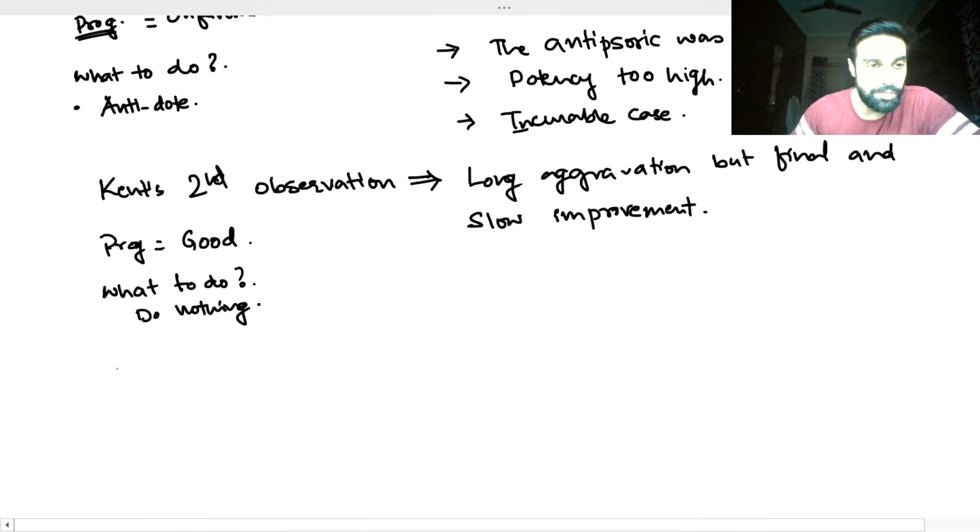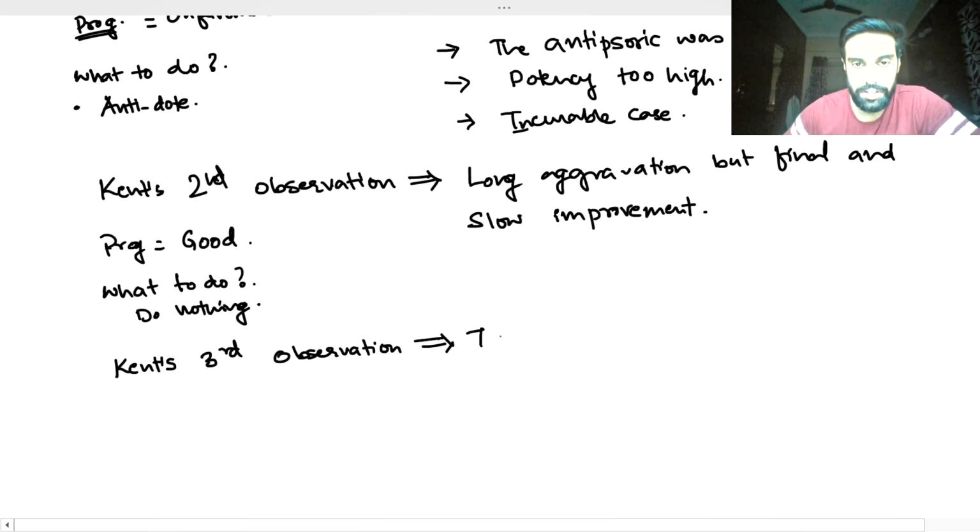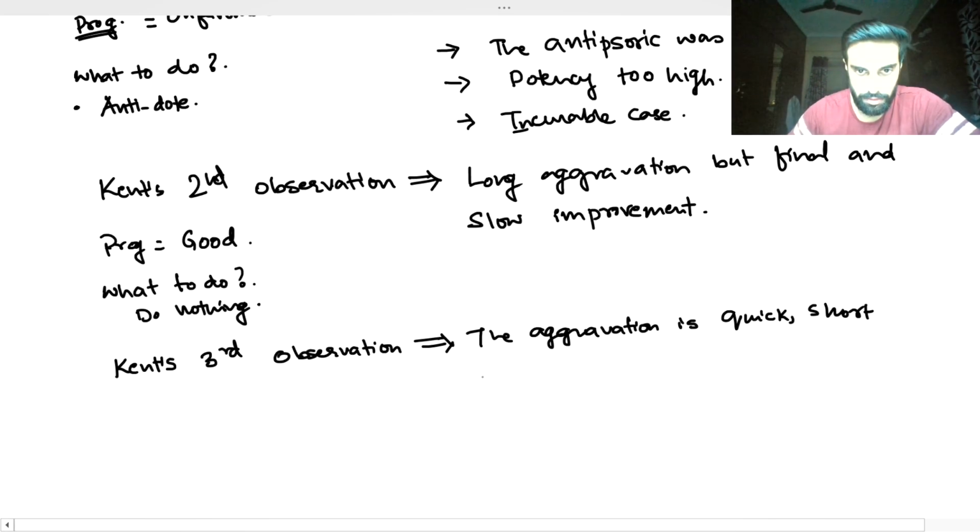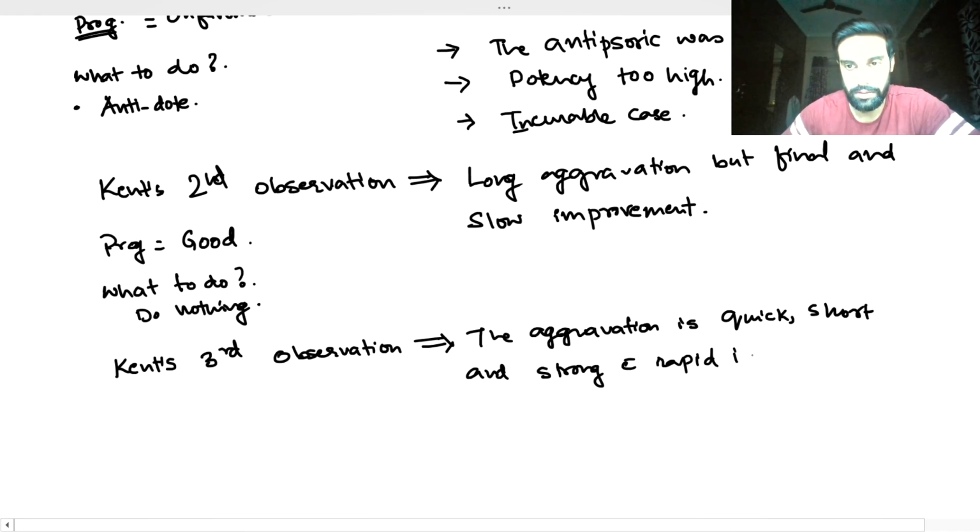Now Kent's third observation. The aggravation is quick, short, and strong with rapid improvement.